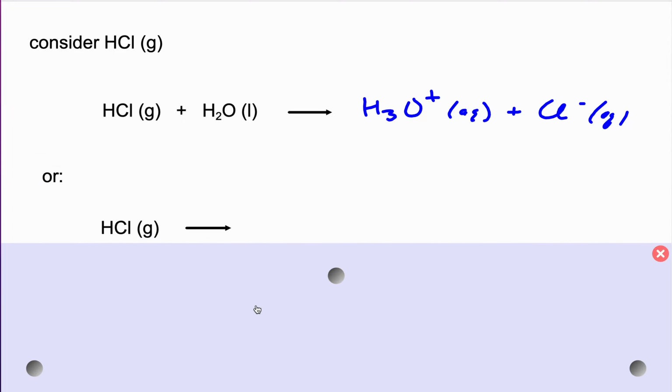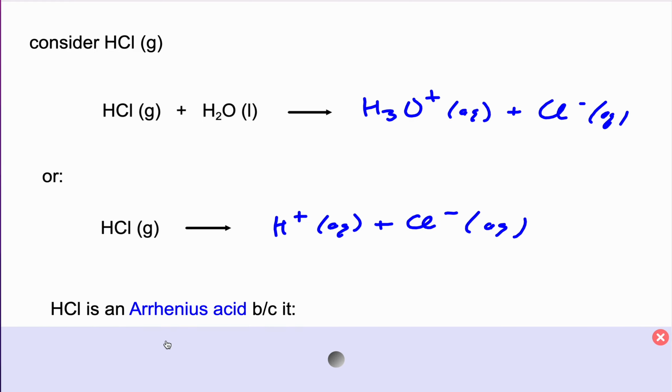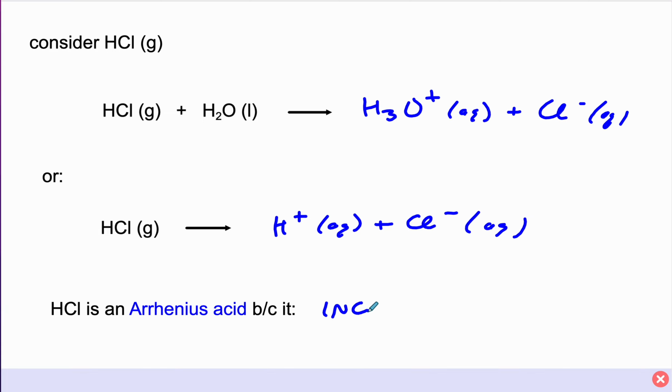Another way to write this is simply HCl gas forms H+ aqueous plus Cl- aqueous. In this case, we would say that hydrogen chloride is an Arrhenius acid because it increases the concentration of the hydronium ion in solution.